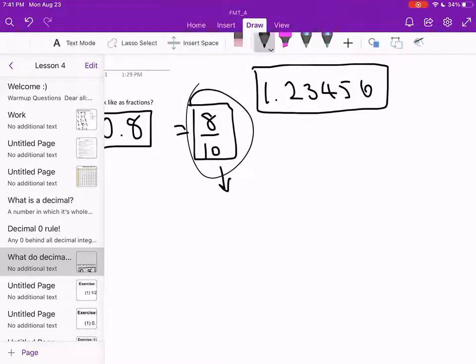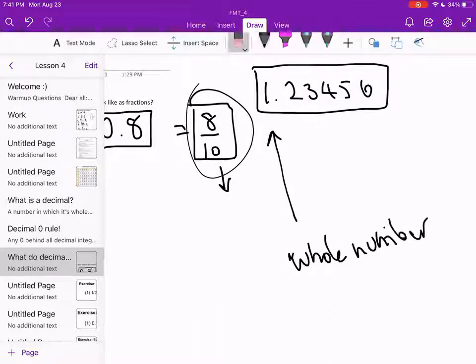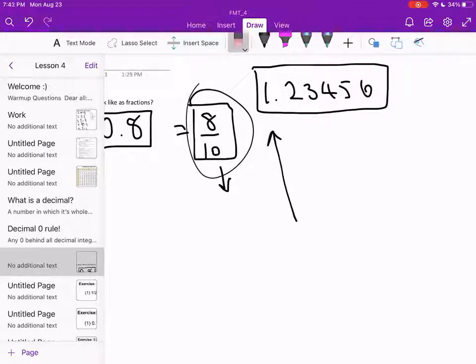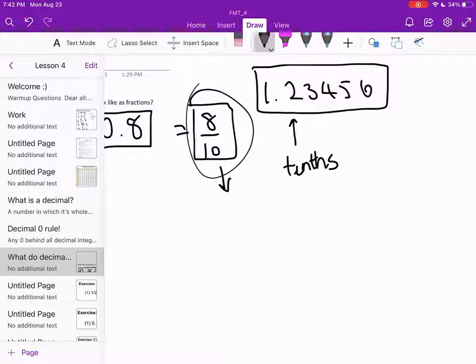So this, of course, if it's in front of your decimal, it's called the whole number, right? Because that's a whole number. And then this first value is called the tenths. So any number in this area can be described as that number over 10.